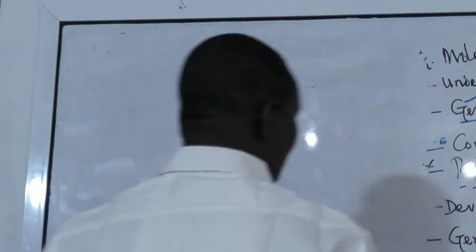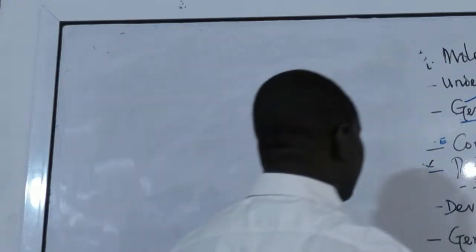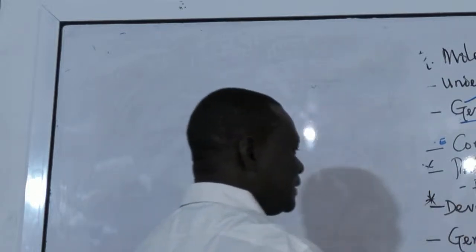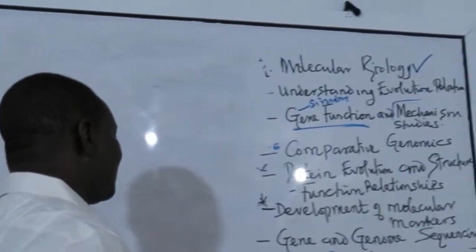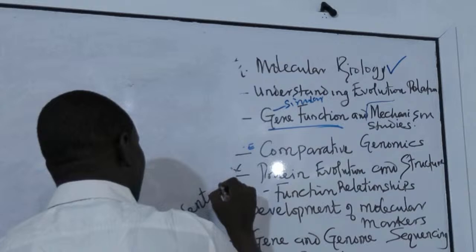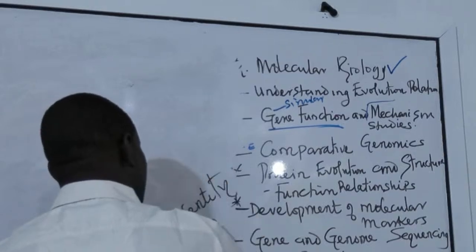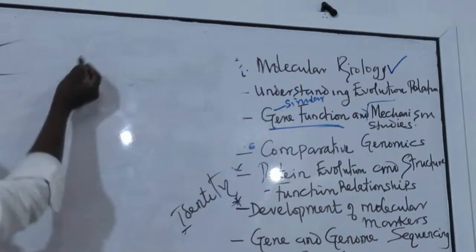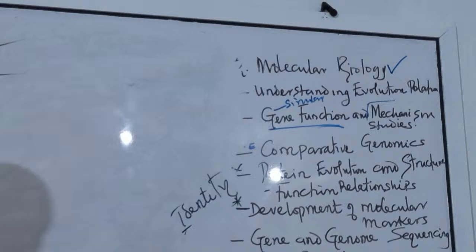Okay, the next one is development of molecular markers. What are molecular markers? Molecular markers are just like an identity card. They discovered that on the surface of some chromosomes, on the surface of DNA, there are molecular markers that you can use to identify them.